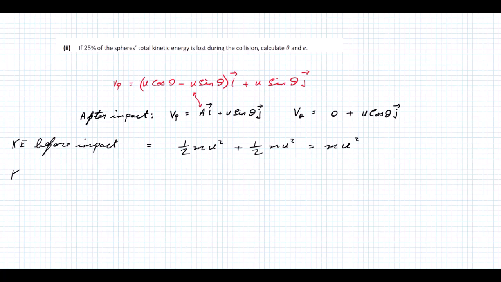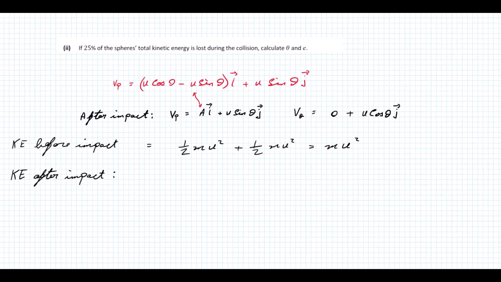So let's look at the kinetic energy after impact. In order to work out the kinetic energy after impact, we need to find the magnitude of the velocity of P after impact and the magnitude of the velocity of Q after impact, and use those to work out the kinetic energy after impact. So let's do that first.